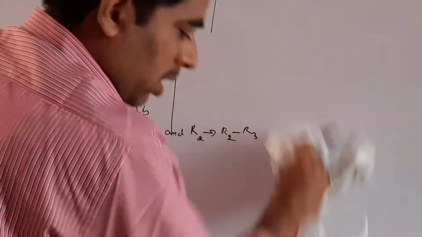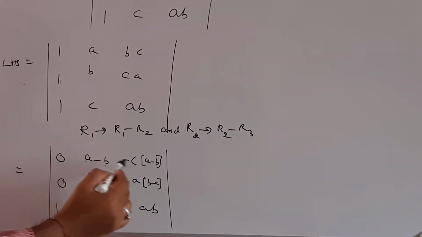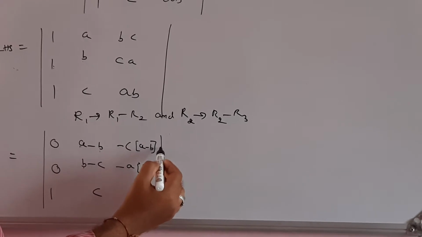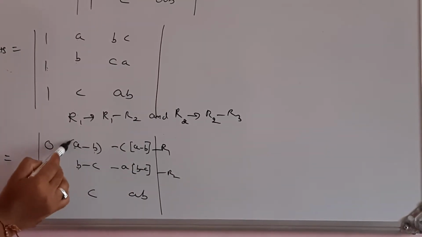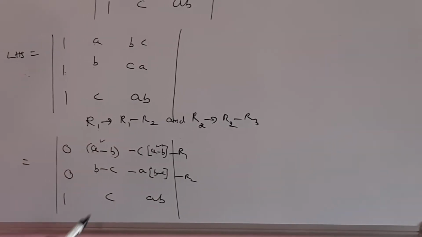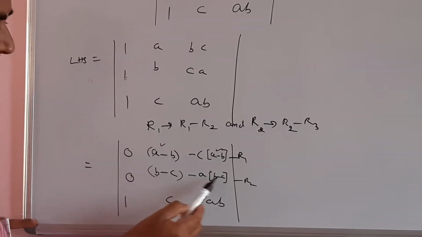So we can work out this side here. Observe the elements: the first row and second row. In the first row, I have A minus B as a common factor, and in the second row, I have B minus C as a common factor.